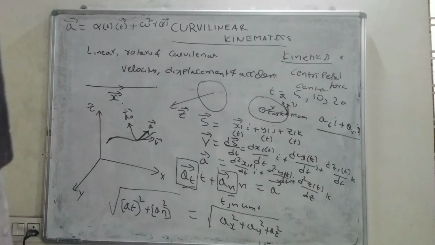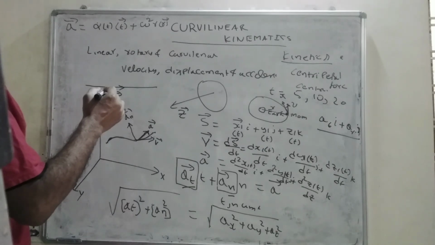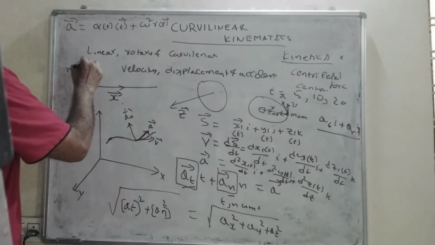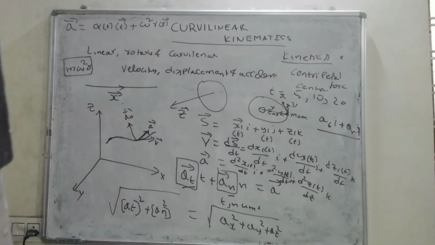So the centrifugal force is m omega square r, the mass of moon into omega square r, is the radial force.